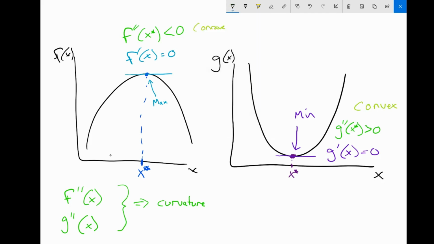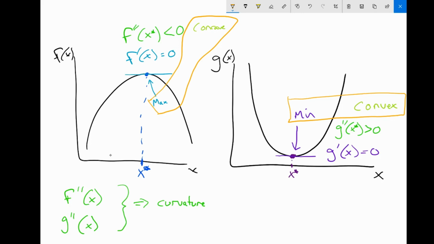So if this first order condition, that is when the derivative equals 0, is to find a maximum, that means that the function needs to be concave. So maximum goes with being concave. If we want it to be a minimum, that means the function needs to be convex. This is a concave function, it's faced downwards. This is a convex function, it's faced upwards. And so if we're finding a maximum, the function will be concave. If we're finding a minimum, the function will be convex.